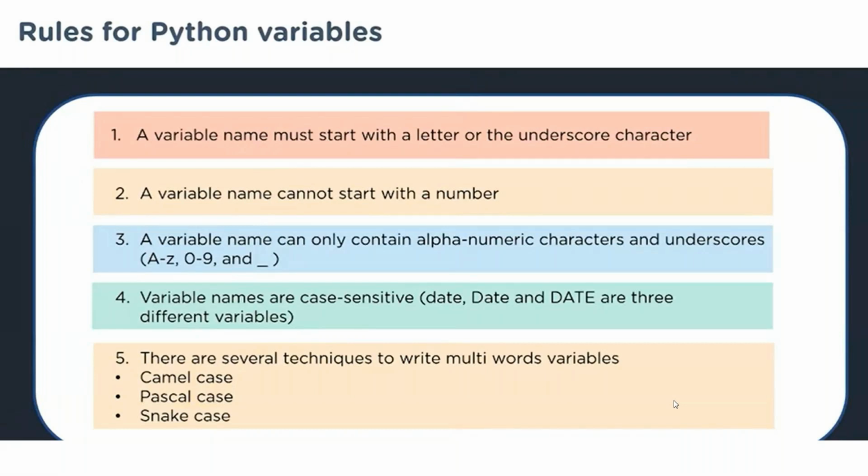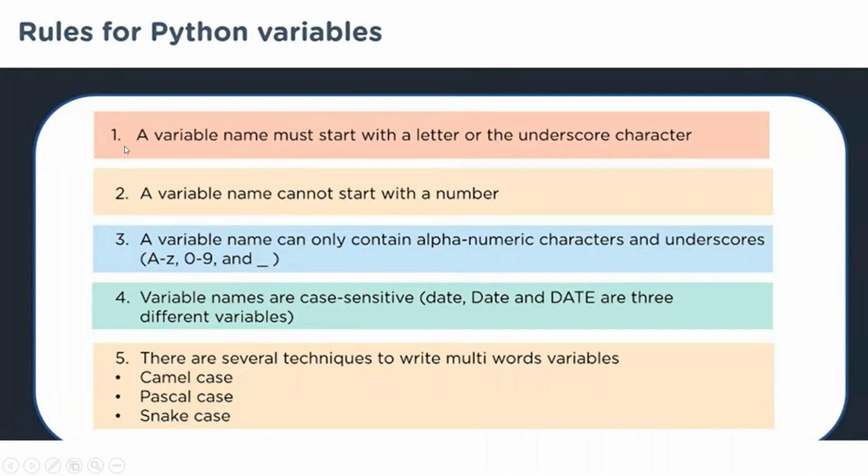So the first rule is that a variable must start with a letter or an underscore. I'll try to explain it programmatically, but let's go through it. A variable name must start with a letter or an underscore character. Second, a variable name cannot start with a number. That means when you are trying to define a variable, the starting character cannot be a number.